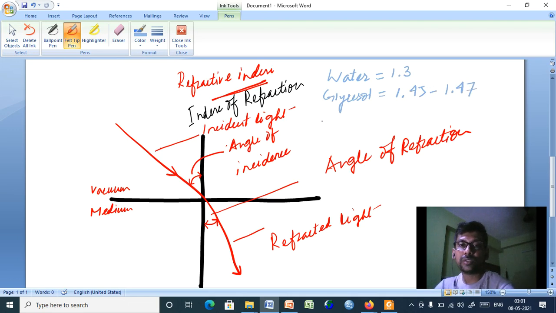Or if we use some immersion oil, it has a very high refractive index, 1.51 and greater. So by using immersion oil, we can increase the refractive index and simultaneously the quality of the image is also improved.